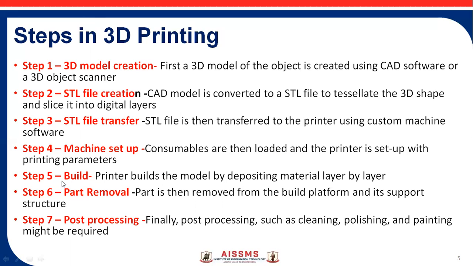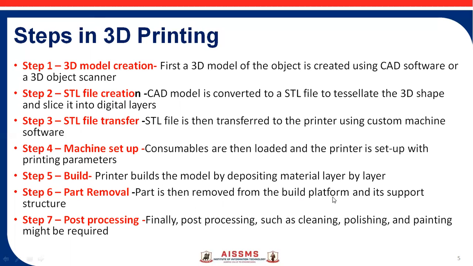Then step 5, the build. The printer builds the model by depositing material layer by layer, depending upon the type of material set up in the machine setup. Then part removal: after the build stage is completed as per the 3D CAD model, and after deposition layer by layer, the completed part we have to remove.